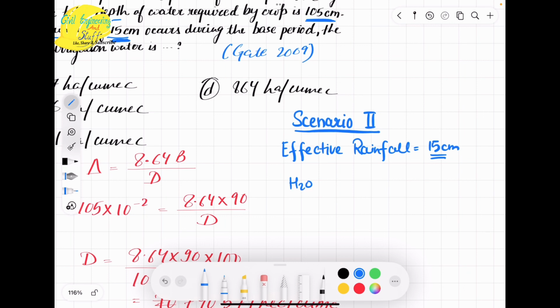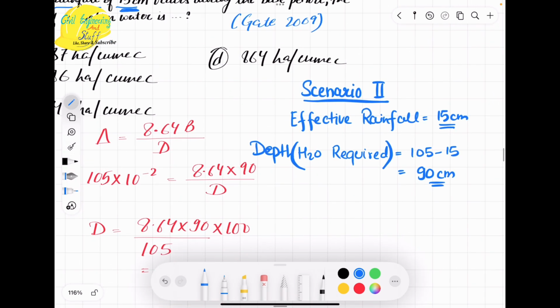It will be 105 minus 15, so the answer will be 90 centimeters. This is the depth of water required.